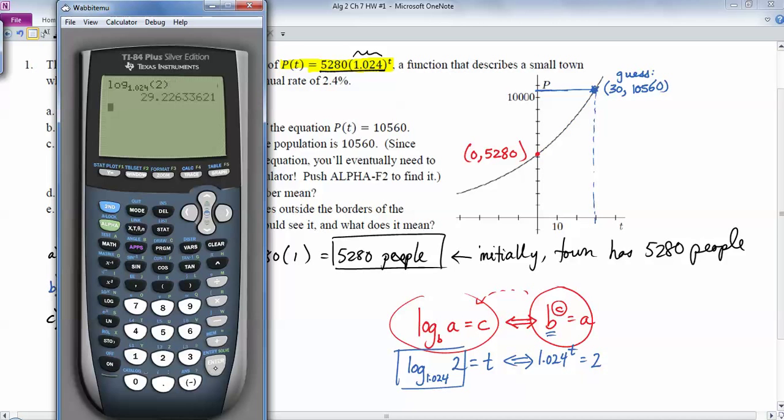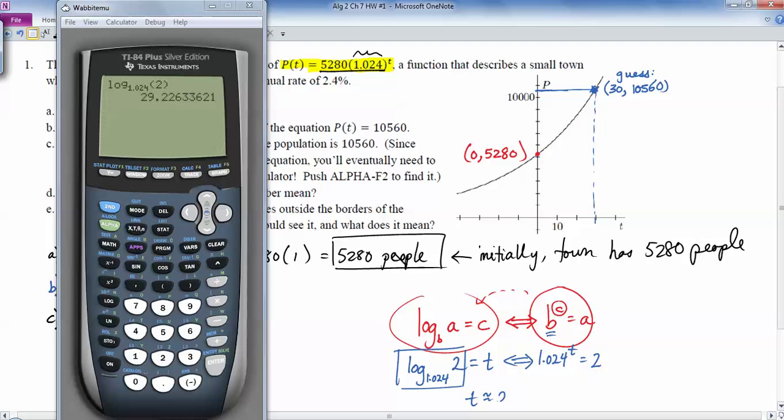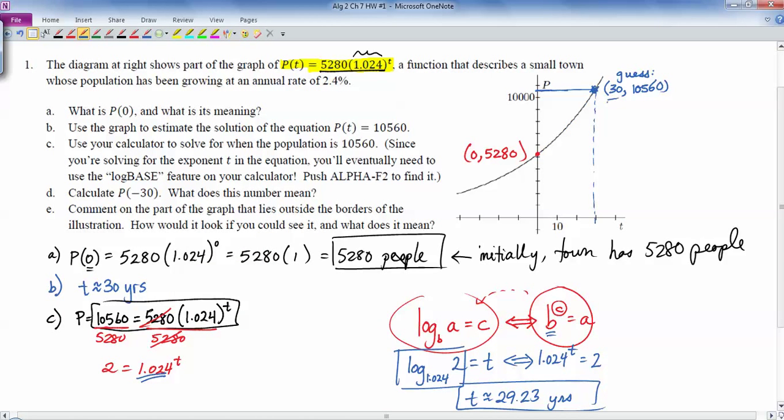If I hit enter, t is about 29.23 years. Which is a pretty good estimate, I mean, that 30 that we guessed earlier was pretty close. Okay, so that's C. That means that it'll take 29.23 years for the population to reach 10,560.